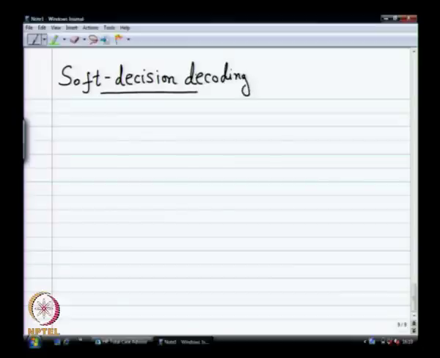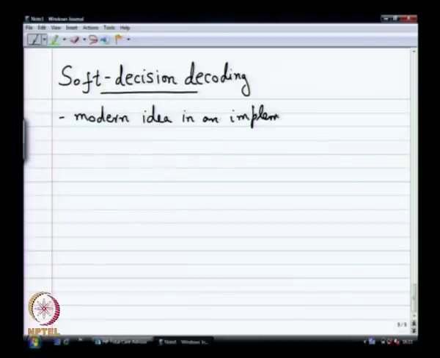Okay. So, this I should remind you is kind of a modern idea, it's been around all the time, all over the place, but in an implementation sense it is definitely a modern idea. I will comment later on what I mean by this.